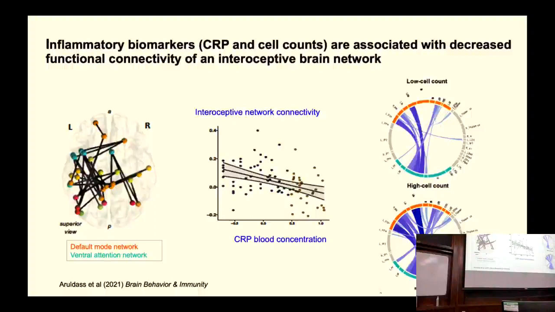And you can see in the patients that have more immune cells in circulation, there's by eye evidence for greater decreases, shown by these blue lines, in connectivity between principally the nodes in the default mode network and the ventral attention network.